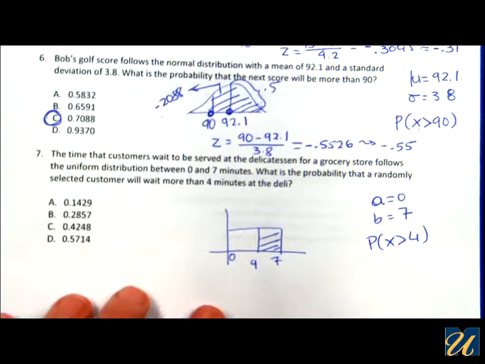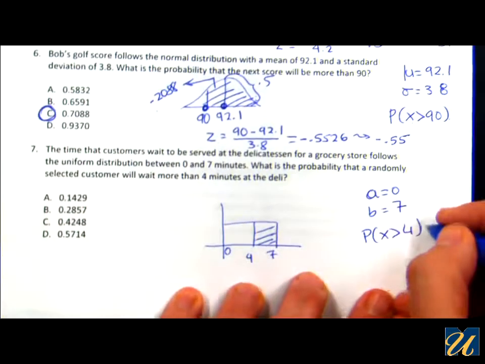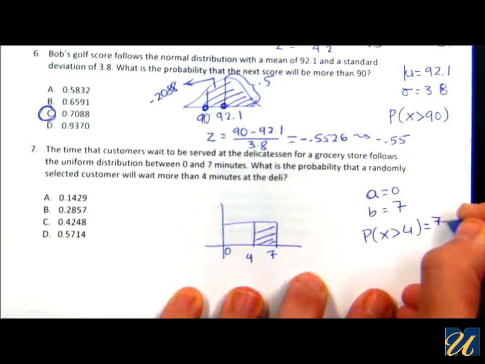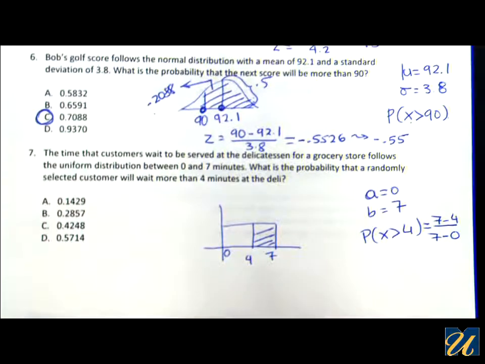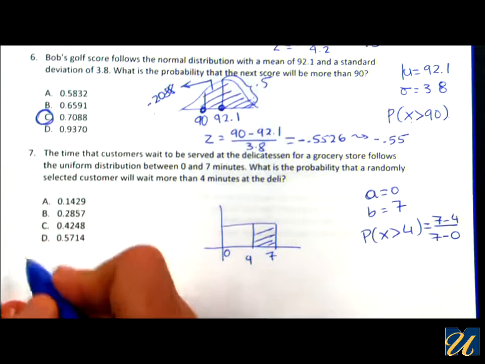So this probability would be equal to 7 minus 4 over 7 minus 0. So the correct answer would be 0.4248.